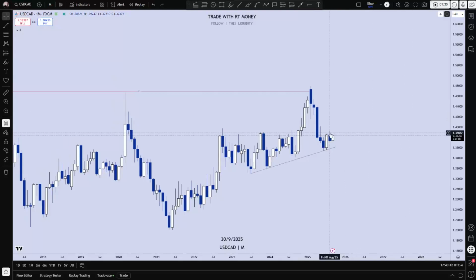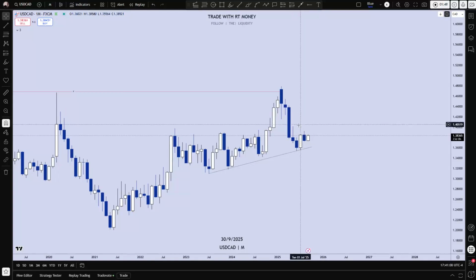On the Dixie, it's been the exact opposite. We had a bearish July. So this looks like we are setting up for a longer term downtrend.